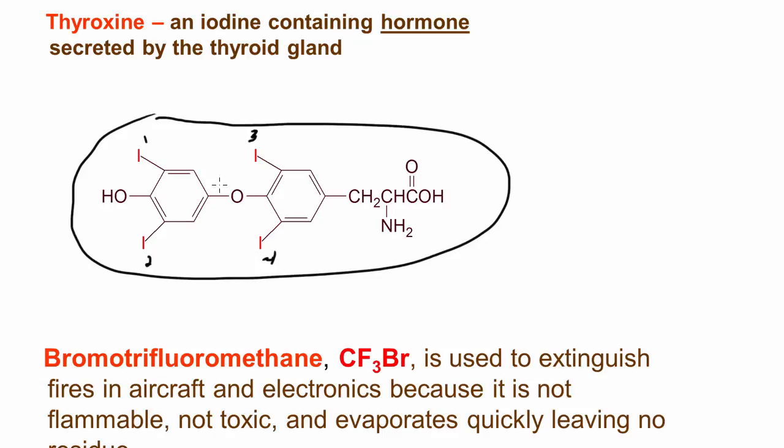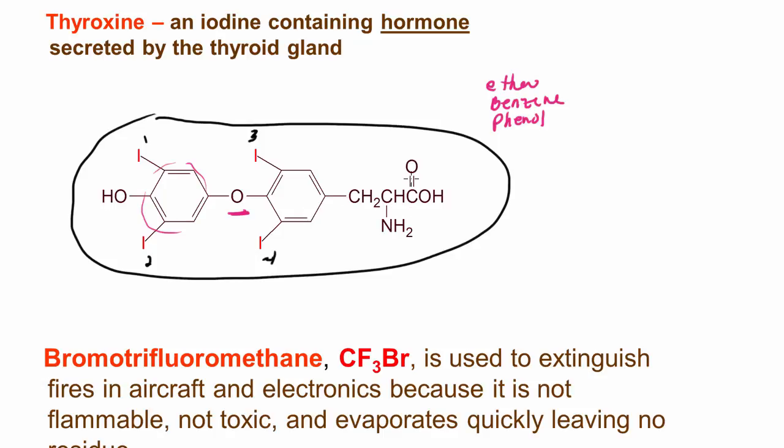But let's go ahead and look at some of the functional groups that are present in thyroxine. Okay, so I see an ether group. Okay, so that would be right here. We have the oxygen bonded to 2 carbons, so we see an ether group. And of course we have the aromatic rings, or the benzene rings. Okay, and here we have the benzene with the OH, so we also see a phenol.